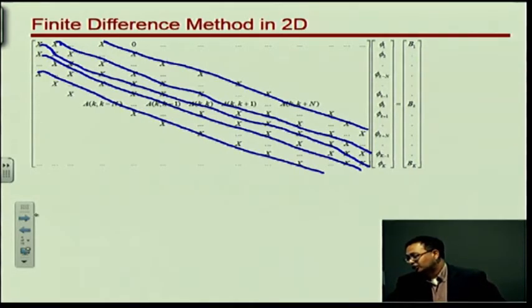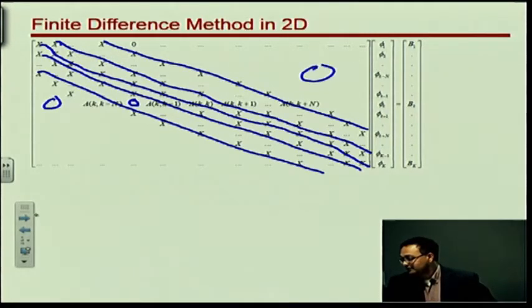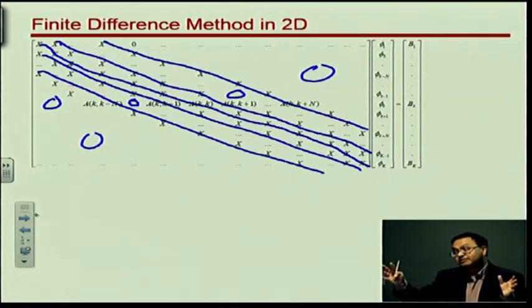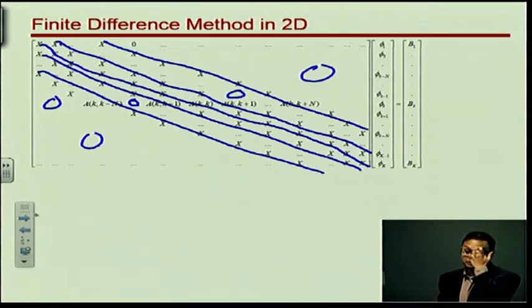Notice these dots I've put, there are all zeros there. Everywhere else these are all zeros. So just 5 bands, but the 3 center ones are clustered together. The other 2 are not together. They are spaced far apart by n elements from the center.